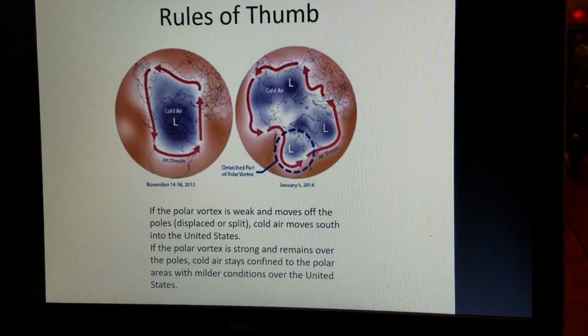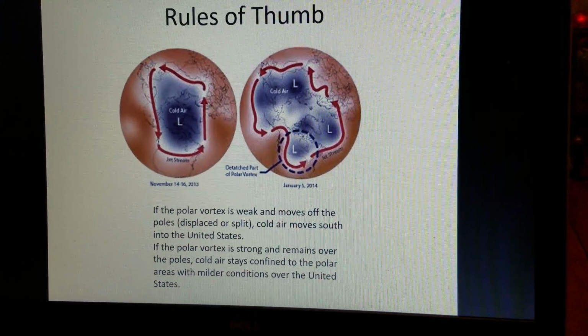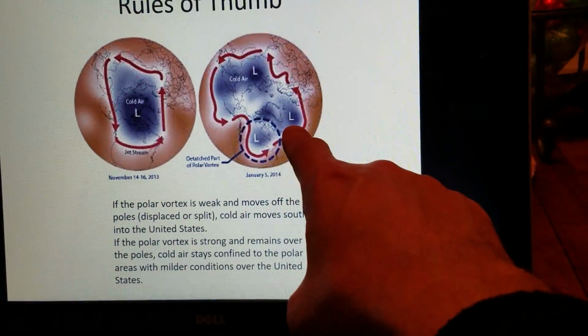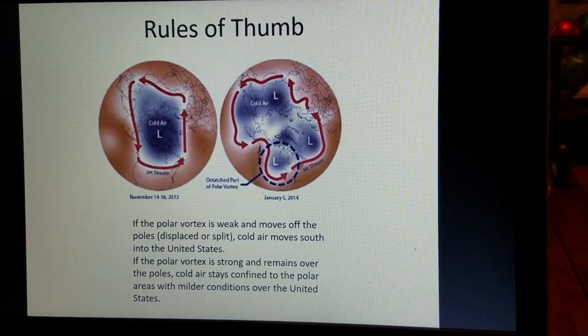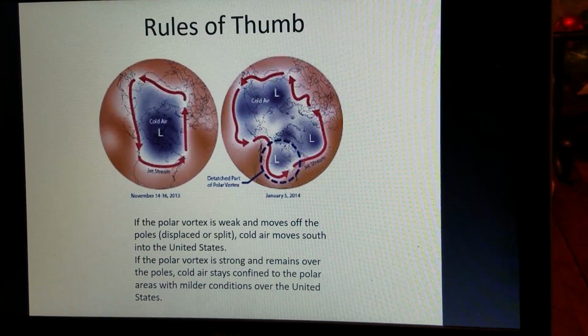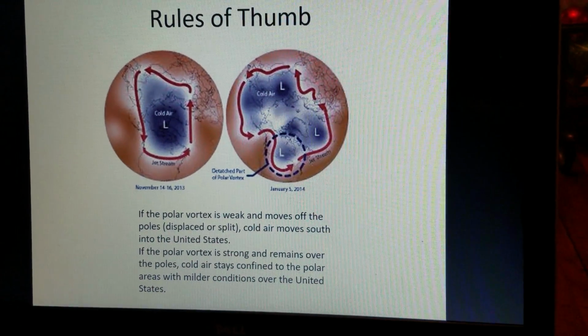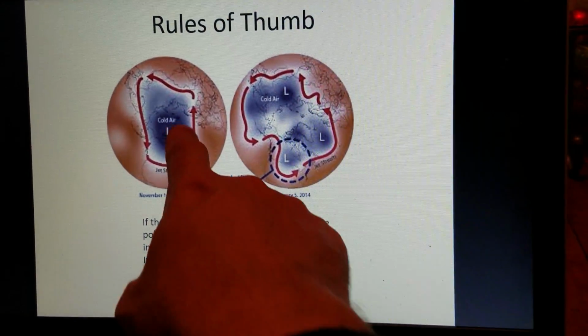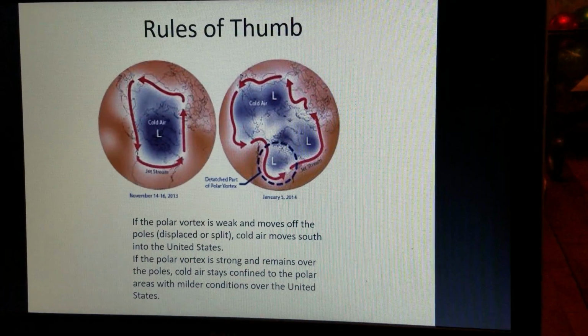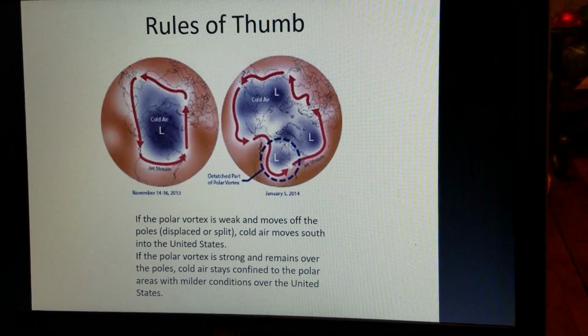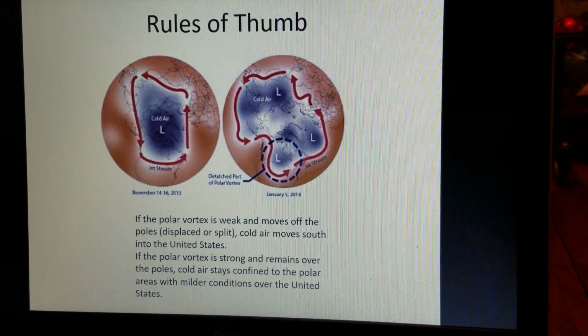Again, to repeat, if the polar vortex is weak, it moves off the poles, such as this diagram indicates. If it becomes displaced or split, cold air basically will move readily south into the United States. If the polar vortex is strong and remains over the polar areas, cold air stays confined up there in those areas in the poles with milder conditions generally over the United States.